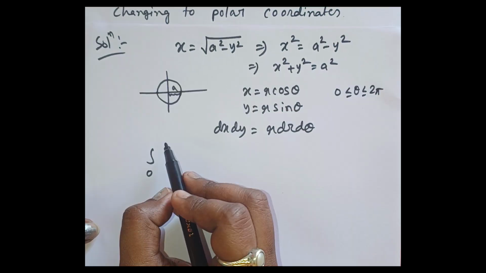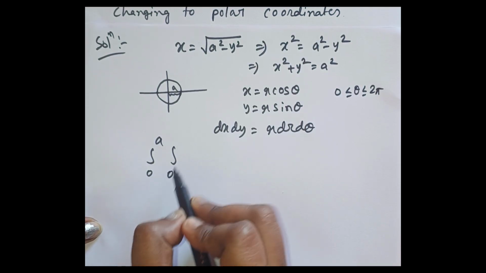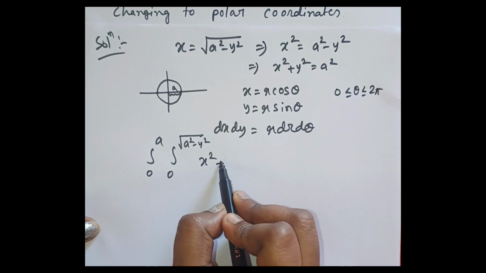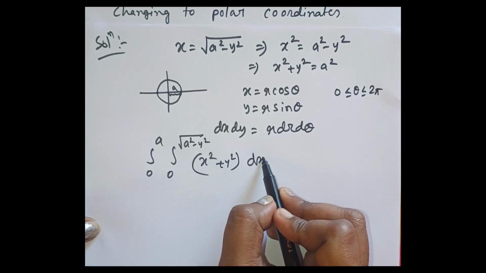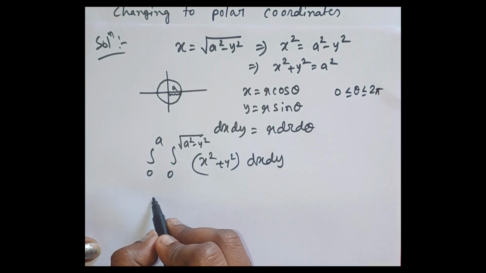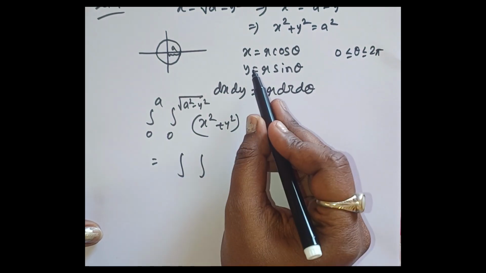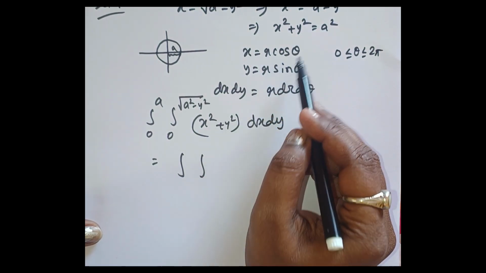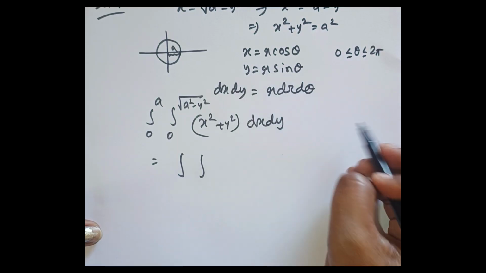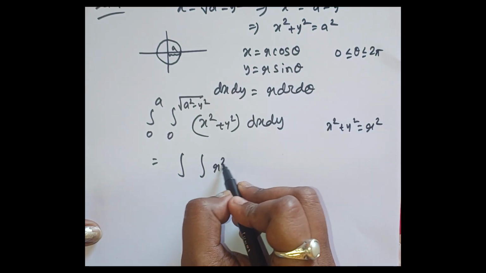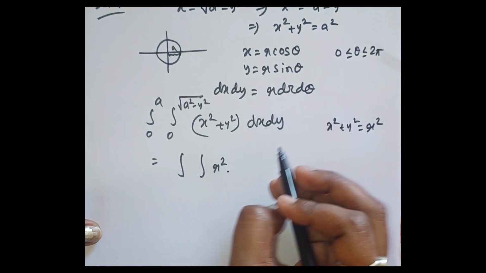So now solve integration 0 to a, 0 to square root of a square minus y square, x square plus y square dx dy. Then if we substitute the values for x and y, x equal to r cos theta, y equal to r sin theta, then x square plus y square will be r square. So just substitute this, and dx dy equal to r dr d theta.